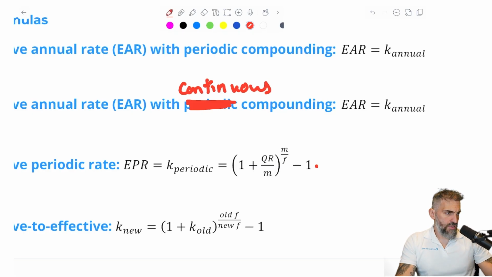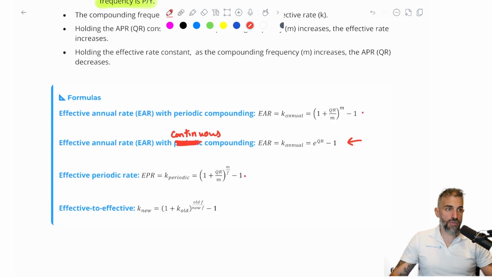See if I can fix that on yours. Okay, so it should be fixed on yours.